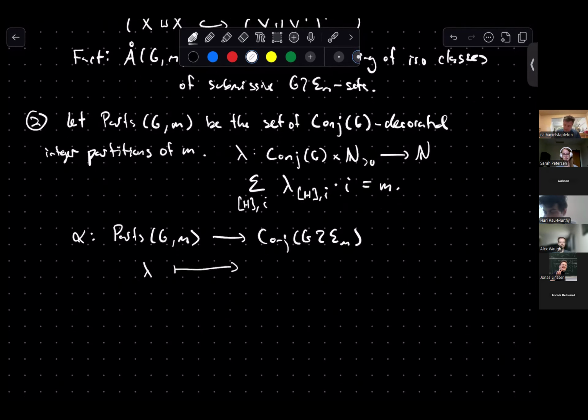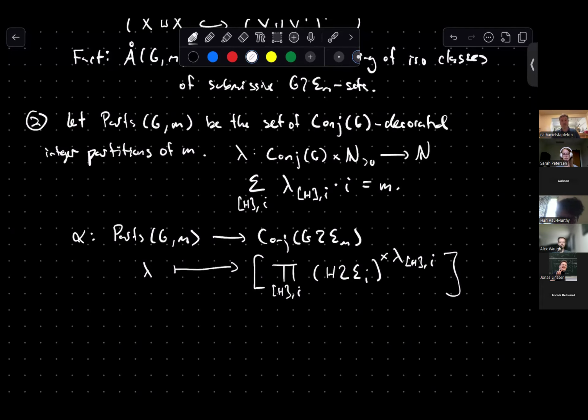Well, if I have some lambda, I'm just going to send it to the conjugacy class where I take the product over H comma I of H wreath sigma I to the lambda of H comma I. And in the case that G is trivial, this should already look interesting because in the case that G is trivial, we're using integer partitions to pick out the Young subgroups of the symmetric group. And that can be generalized to an arbitrary G using this notion of a conj of G decorated integer partition.